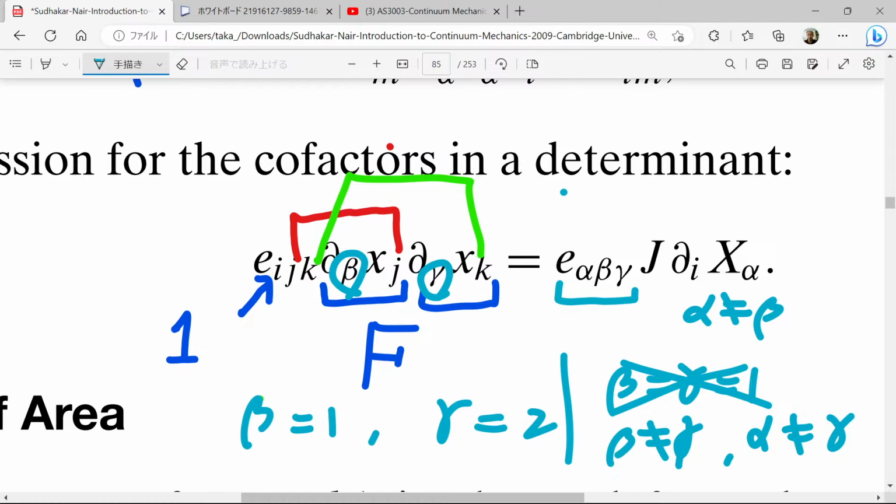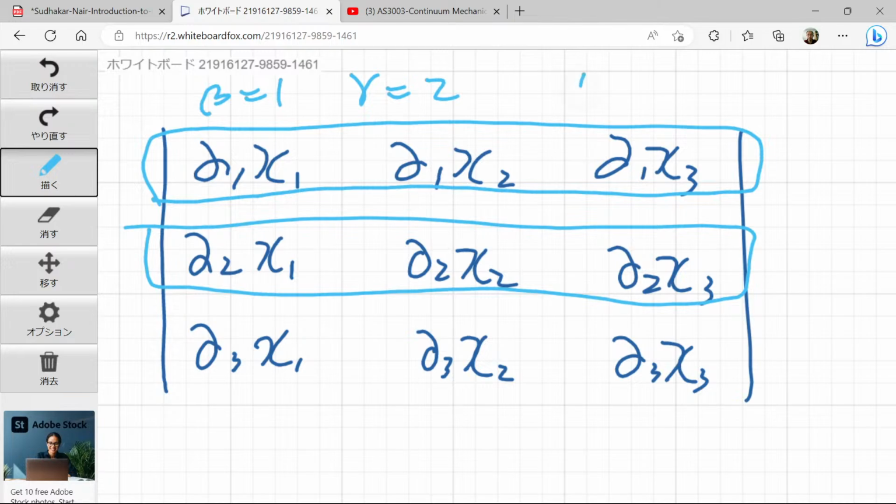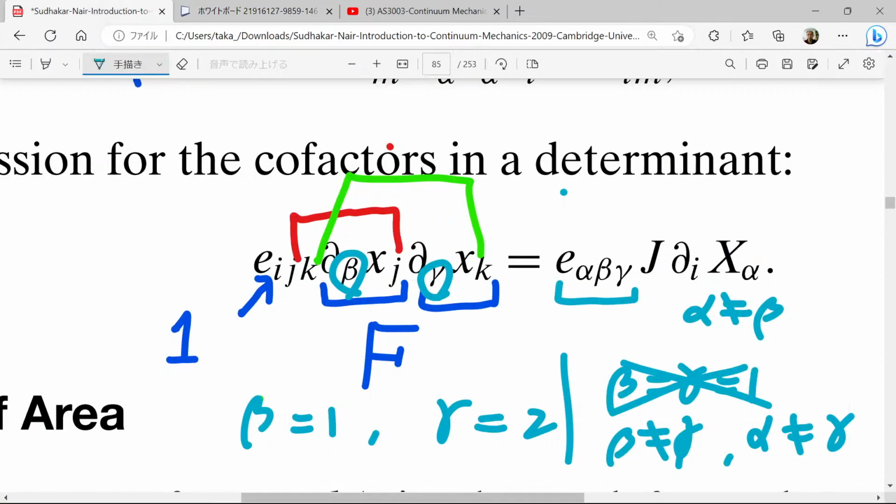But let's choose I equal 1. We also chose I equal 1. Hey, I think I'm wrong. Am I wrong? I don't know. It's I equal 1.